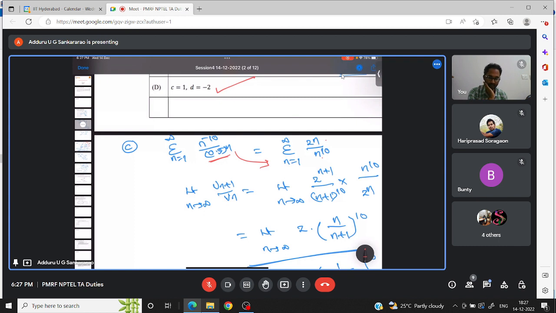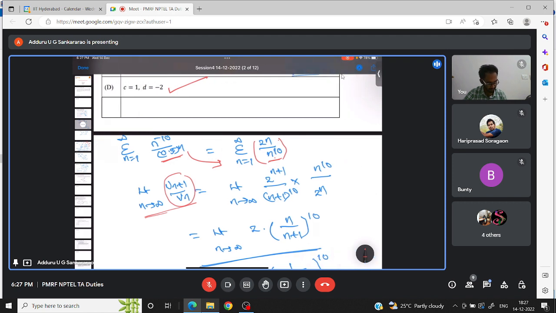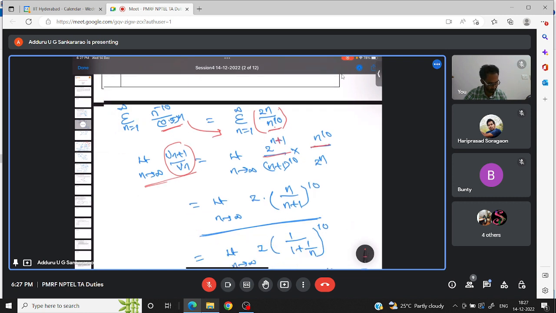Can we write like this? So for this, limit n tends to infinity, u of n plus 1 by u of n I am taking. So u of n plus 1 means 2 power n plus 1 by n plus 1 power 10 divided by 2 power n. Just directly I am writing, it will become the reciprocal.